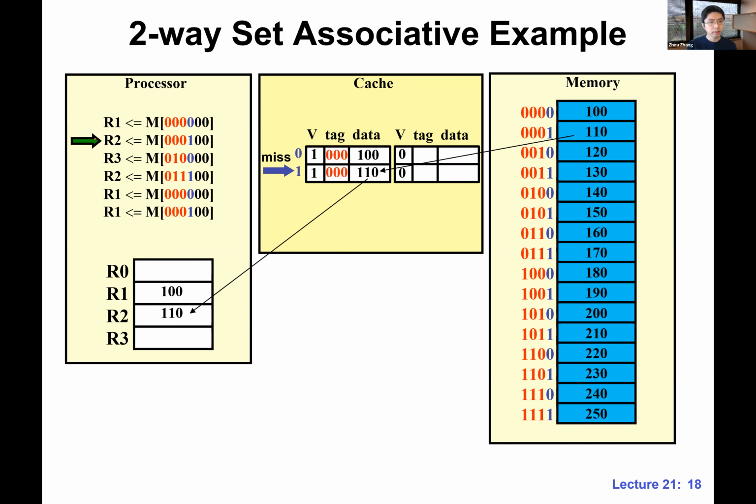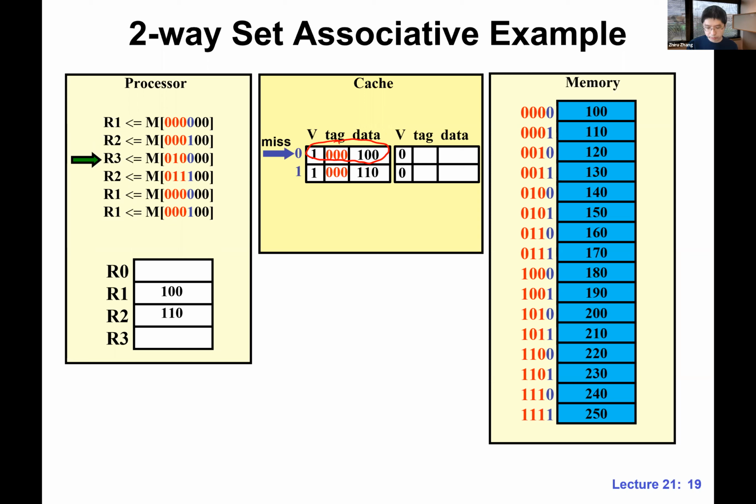Okay, so next read. This one is also a new address, and this is also a miss. But in this case, this is actually interesting. This is unlike the direct map cache case. So we don't need to evict this block. We don't have to kick this guy out, not anymore, because we have another way available.